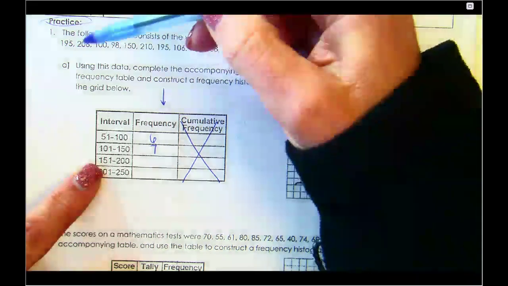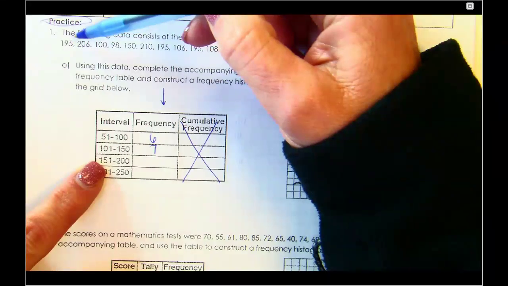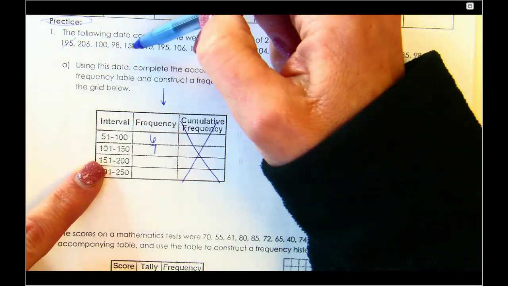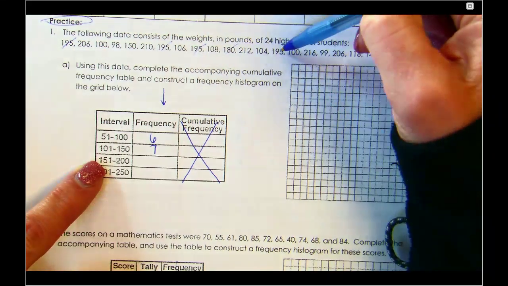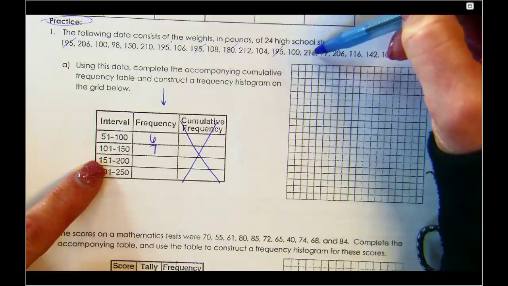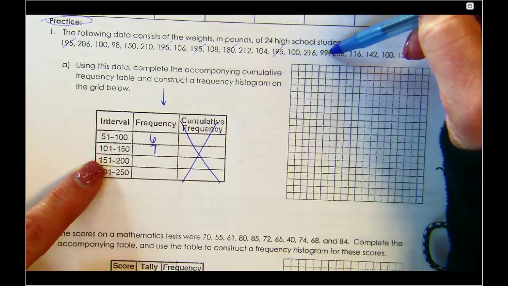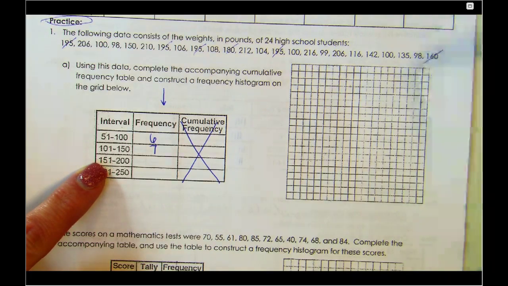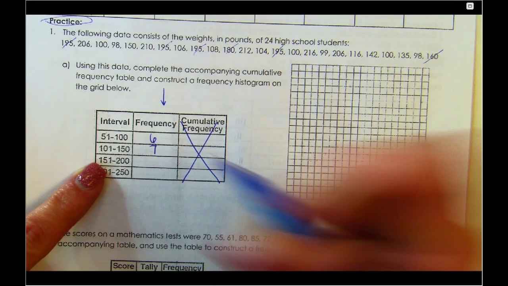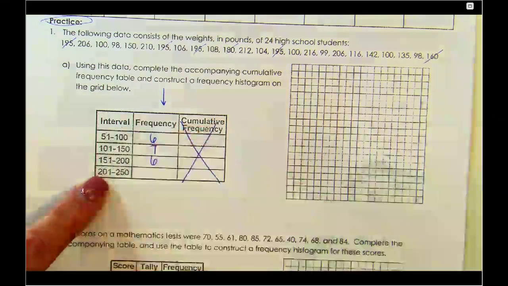Okay. Let's see, 151 and 200. So 1, 2, 3, 4, 5. I got 5. 6. 6? Okay. How about 201 to 250?